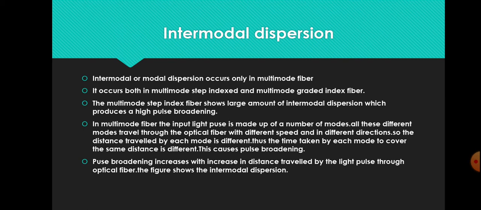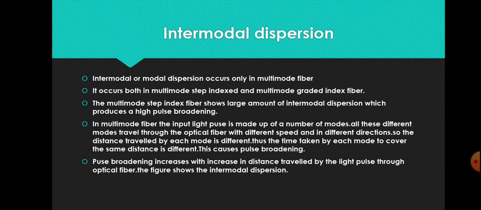See, intermodal dispersion is also called modal dispersion and it occurs only in multimode fibers. We know that multimode fibers can be implemented as step index fiber or graded index fiber.